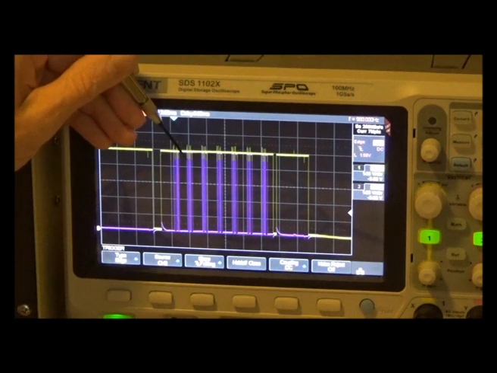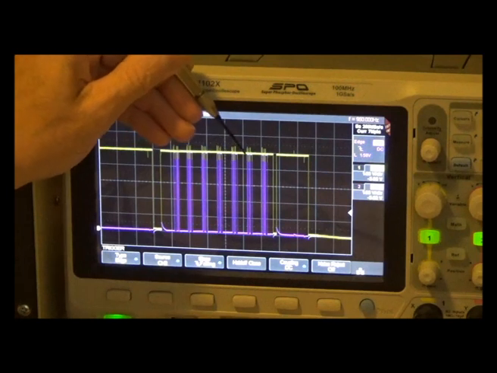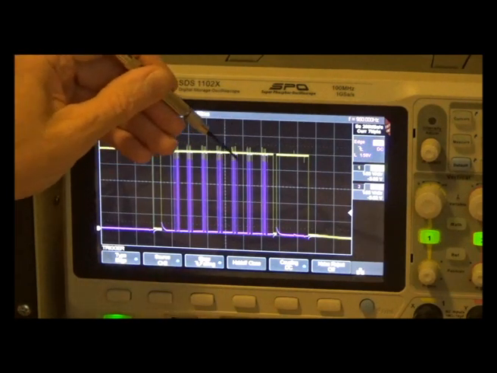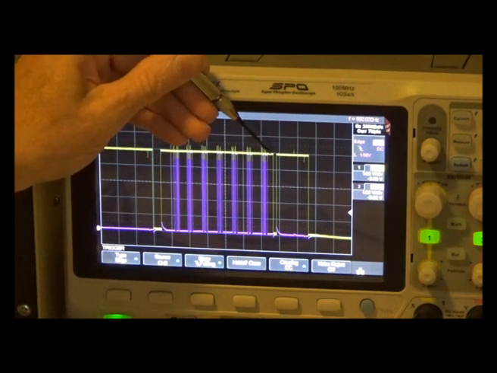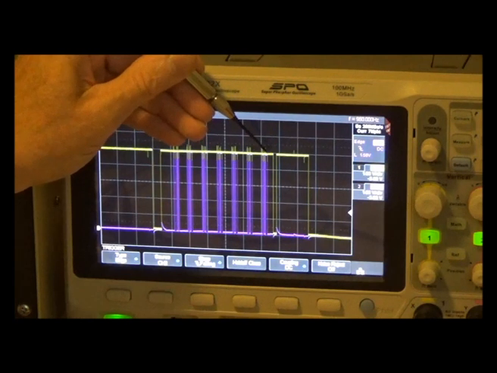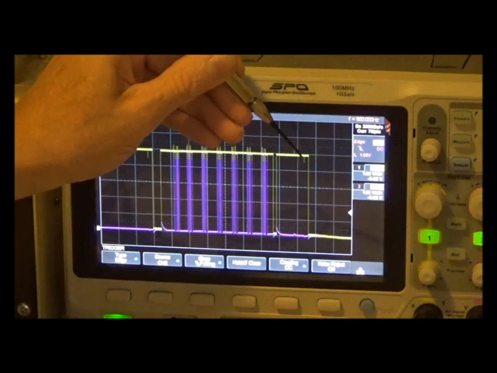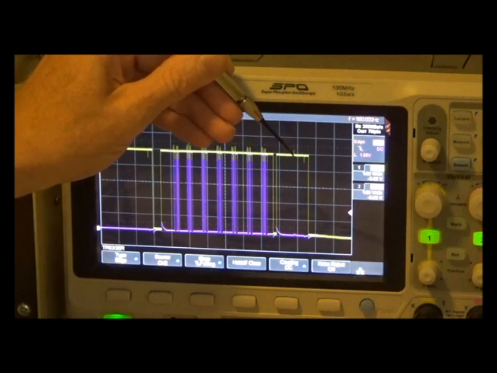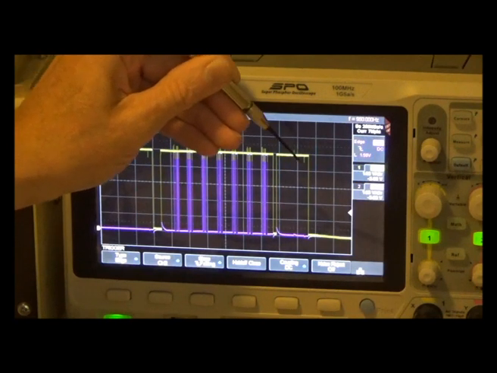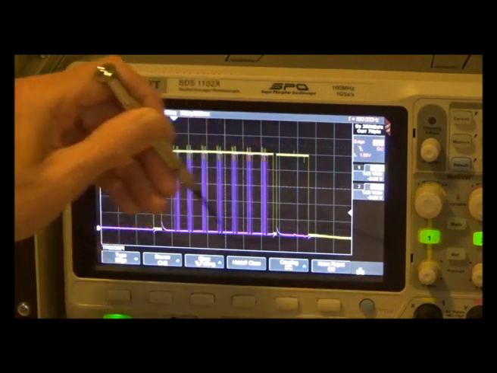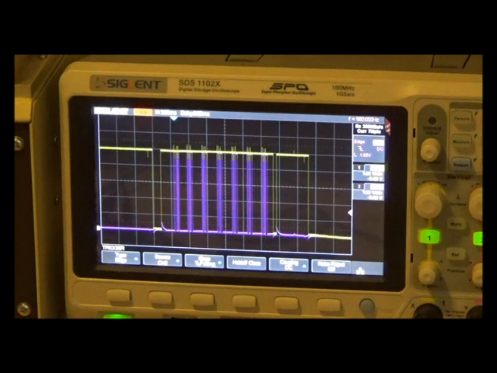And then there are 1, 2, 3, 4, 5, 6 data bytes. This here is the acknowledge pulse sent by the receiver, and then there's a final housekeeping period of approximately 3.5 milliseconds, perhaps a little bit more, and then the next cycle starts by another device taking the strobe low.